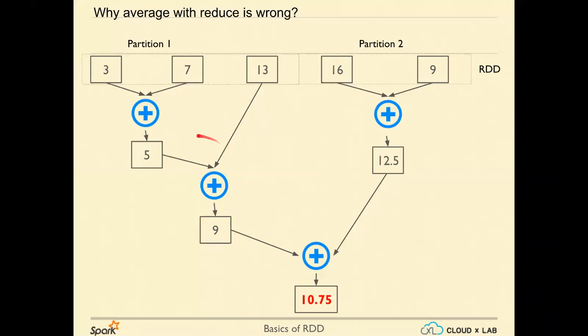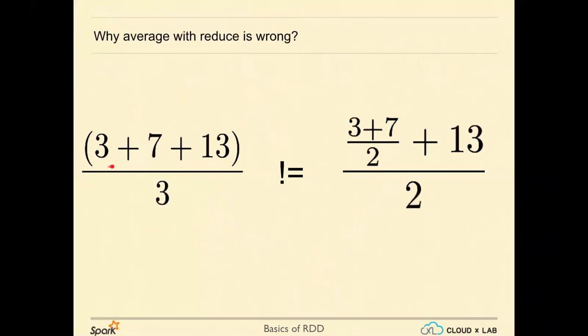Correct? So essentially, if we have three numbers, this is not how we compute the average. The average of 3 plus 7 plus 13 by 3 cannot be equal to 3 plus 7 by 2, plus 13, and overall by 2. This is what our reduce function is doing, while the actual answer is this. So this is the mistake that we are making.